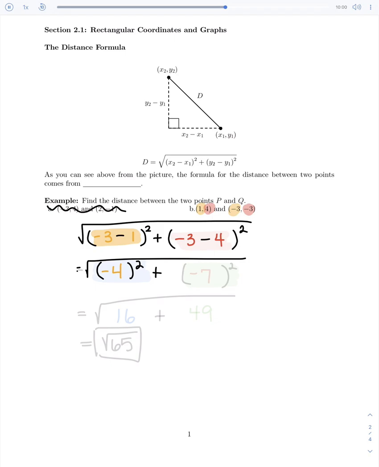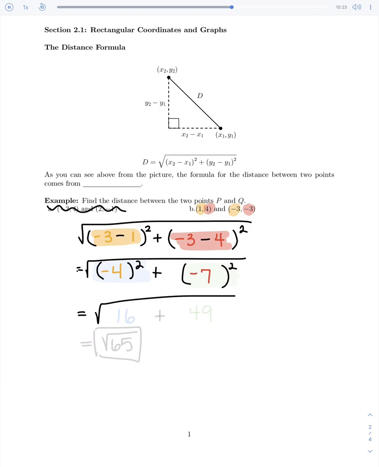So then we need to deal with what's inside this second set of parentheses, which is, let's see, a -3 minus 4, which is a -7.